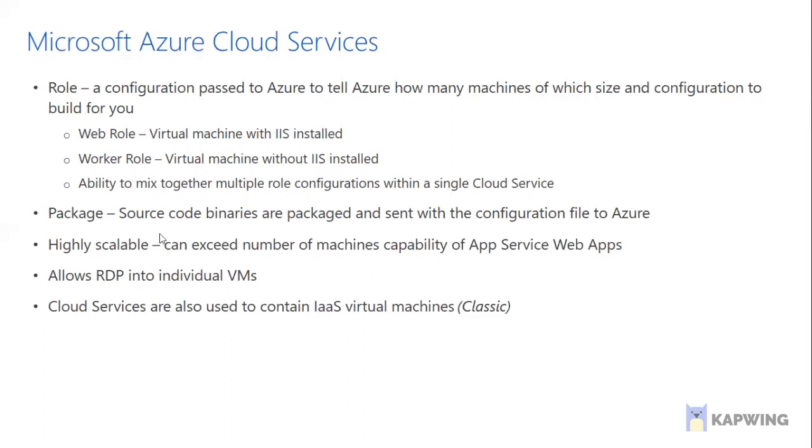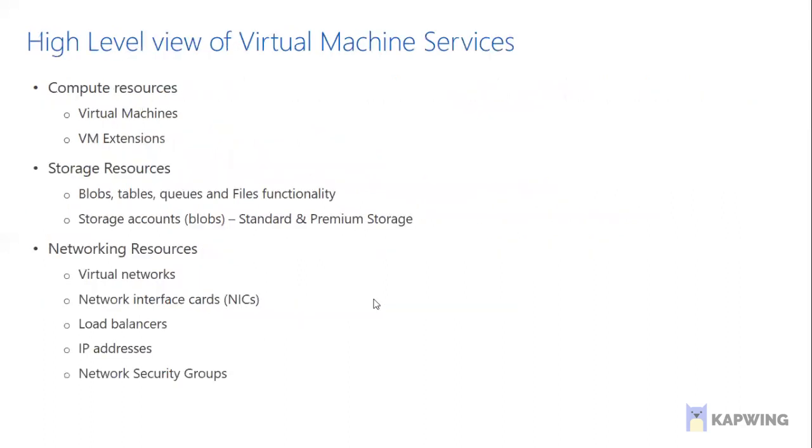Then packages: source code binaries are packed and sent with the configuration files to Azure. It is highly scalable and can exceed the number of machines possible with app service web apps, and allows RDP into individual virtual machines. Cloud services are also used to contain infrastructure as a service in a virtual machine.